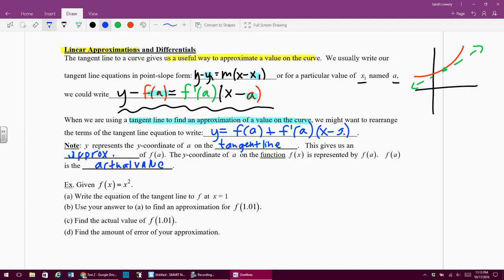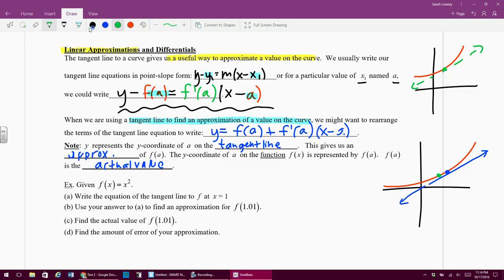Now, all of this jargon sounds really, really good until you understand what it is we're about to do here, okay? What we're going to do is say we have this curve, okay? And I have this tangent line at this point right here. We're going to use our tangent line to estimate a value on our graph that's just a little bit off.